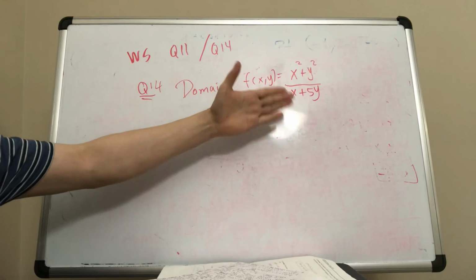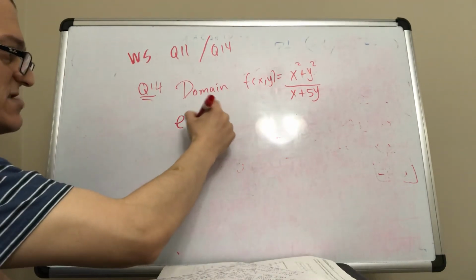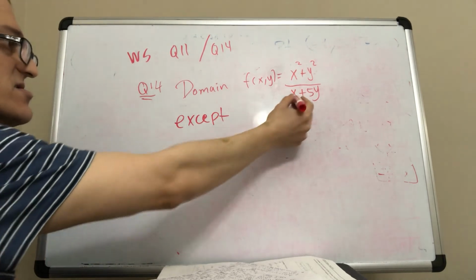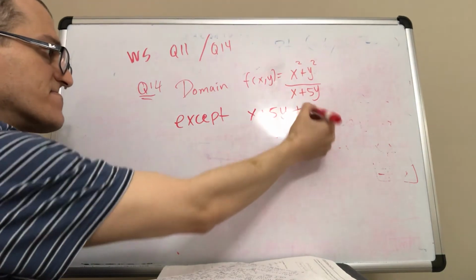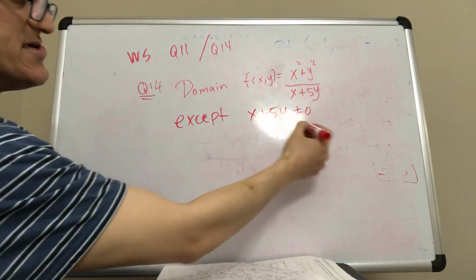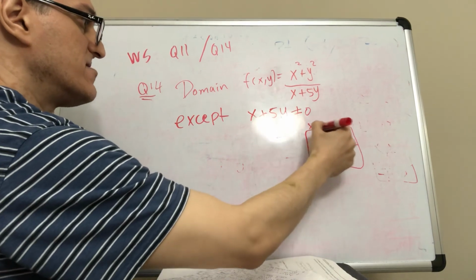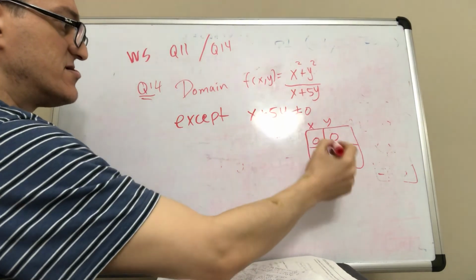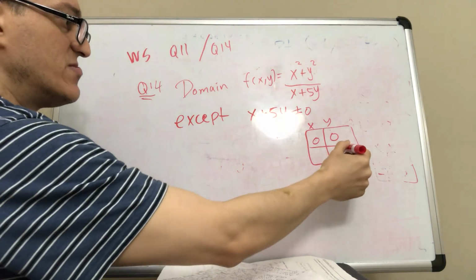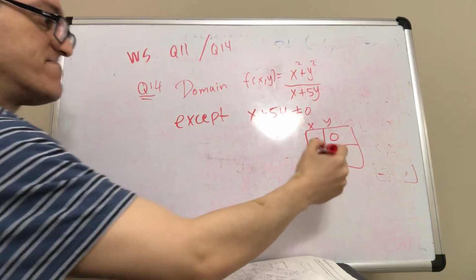The domain of this is everything, except there's only one exception. The bottom cannot be 0. So we sketch this line. If I put 0 here, then x is 0. If I put, say, 1 here, then x would be negative 5.